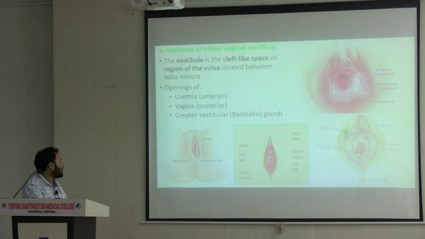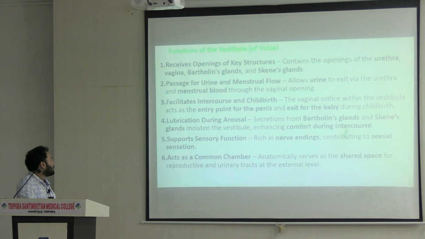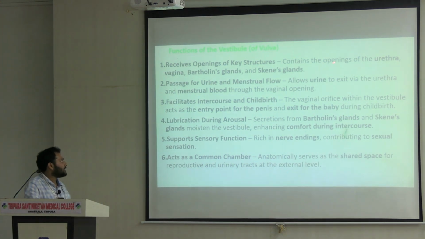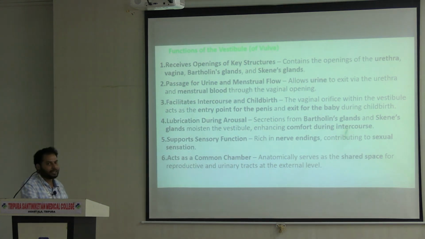Now we'll see the functional features of the Bartholin glands, urethra, vaginal canal and other structural parts. It receives the openings of key structures. Mainly, it contains the openings of the urethra, vagina, Bartholin glands and skin glands.